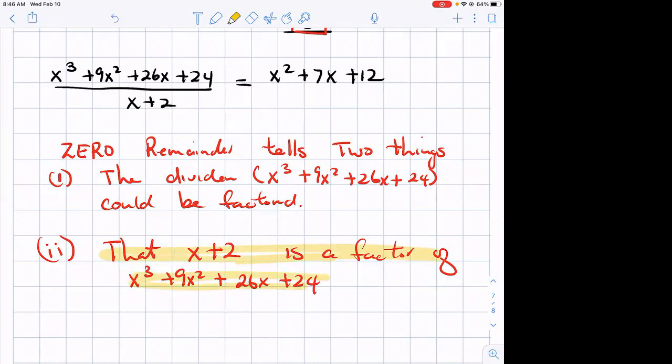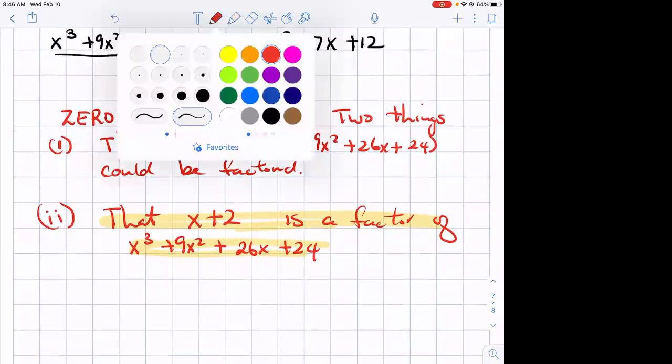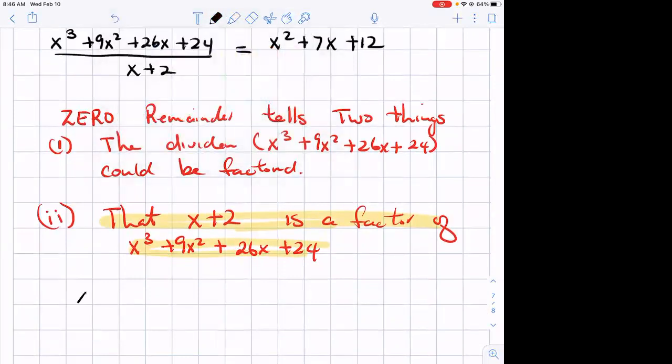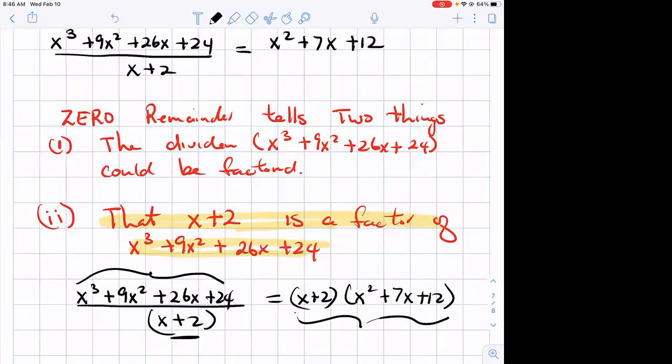So this also tells me that if I had taken x cubed plus 9x squared plus 26x plus 24 divided by x plus 2, and I know that this here is a factor, I could say x plus 2 times x squared plus 7x plus 12. If you multiply these two things, you will get back this.